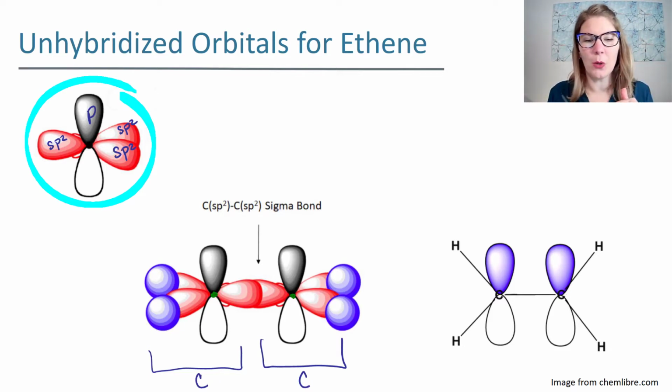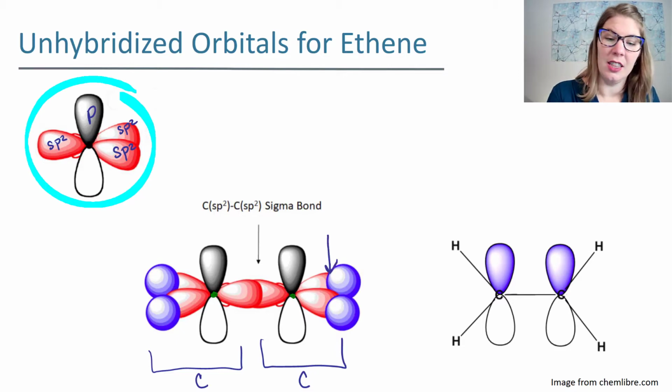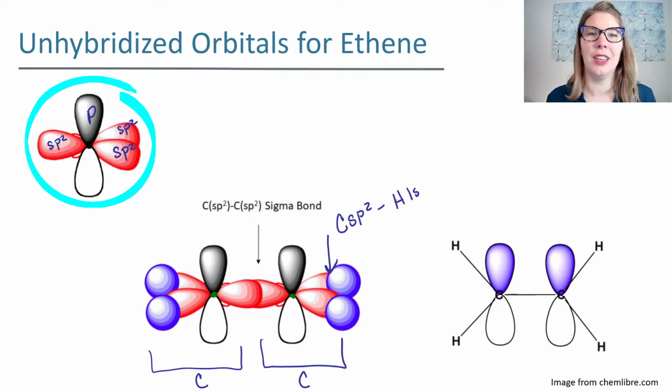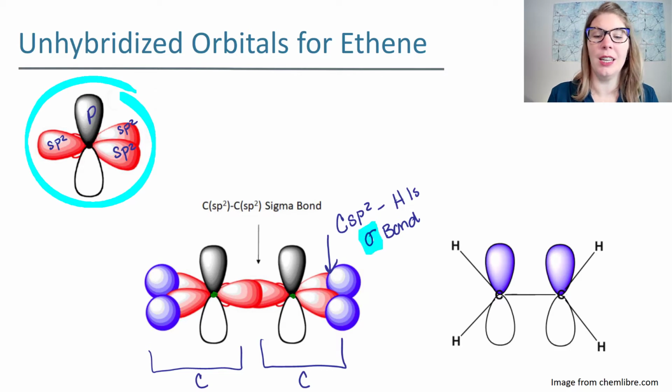This middle overlap is a carbon sp2 hybrid orbital with another carbon sp2 hybrid orbital that make a sigma bond. Over here, this is showing a carbon sp2 hybrid orbital with a hydrogen 1s orbital. It's also making a sigma bond, where this abbreviation that I'm highlighting in blue, kind of like the circle with the tail, that's the letter sigma, the lowercase letter sigma. This is showing the sigma bonds that are forming for ethene.